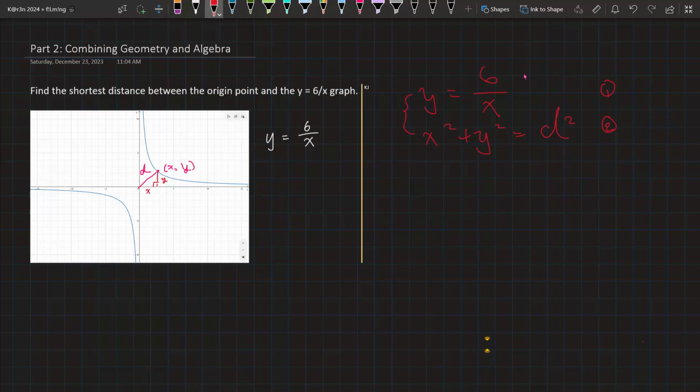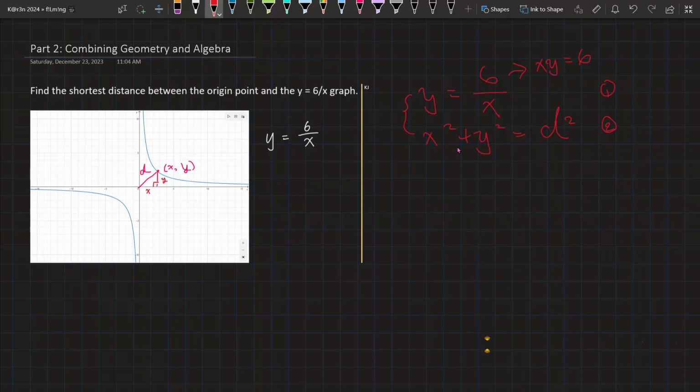What I'd first do is modify equation number 1. By multiplying x onto both sides of the equation, we get xy is equal to 6. Okay, now that we have the value of xy, and we look at the second equation, there's x squared and y squared.